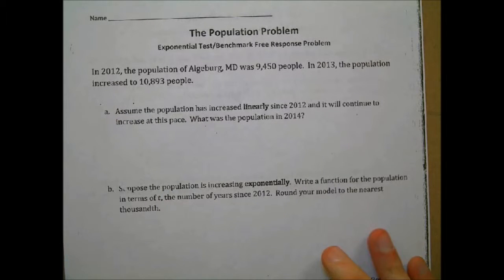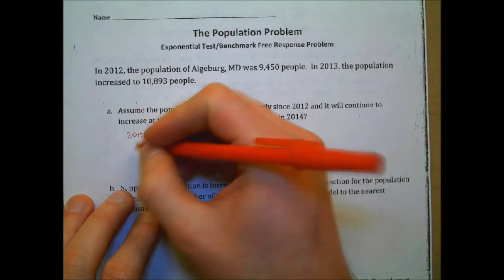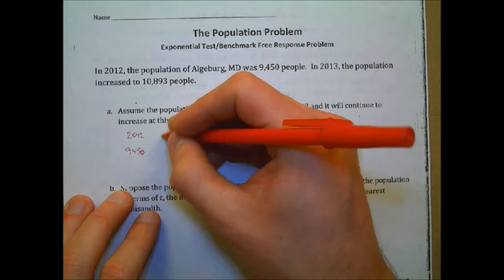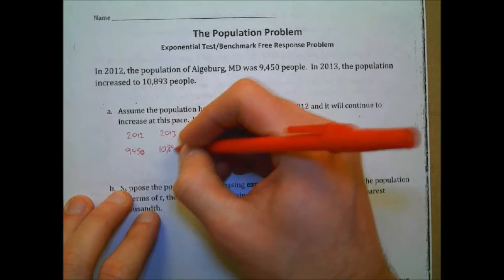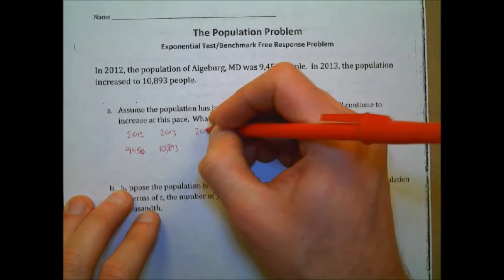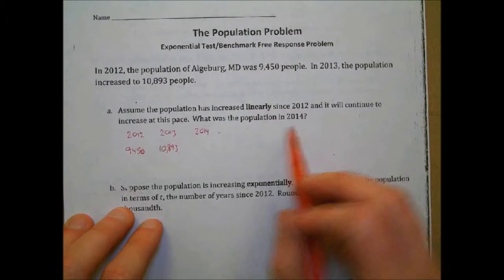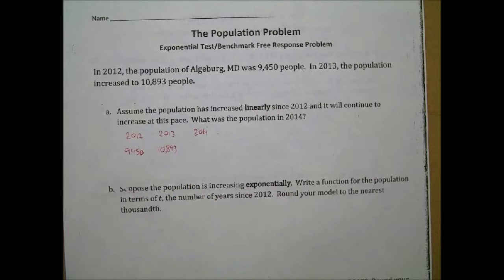In 2012, the population was 9,450 people. In 2013, the population was 10,893 people, and we're trying to figure out what the population will be in 2014. If this is a linear relationship, what's the rate of change going to be? Is it constant for linear?